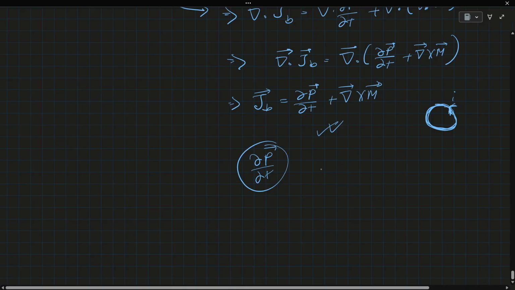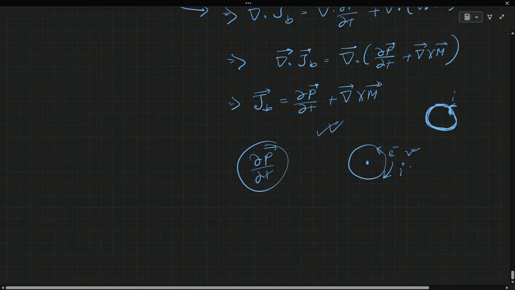And in a medium, whether dielectric or any medium, electrons orbit the atomic nuclei. This is the atom, this is the nucleus, and the electrons are orbiting in this direction. So there is a current in the opposite direction of the motion of the electron. These orbiting electrons produce such divergence free current loops at the microscopic level.